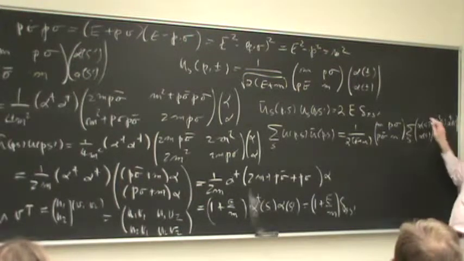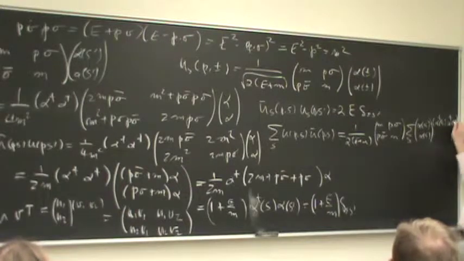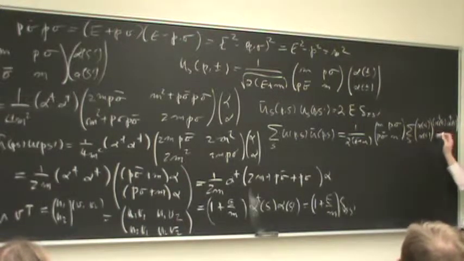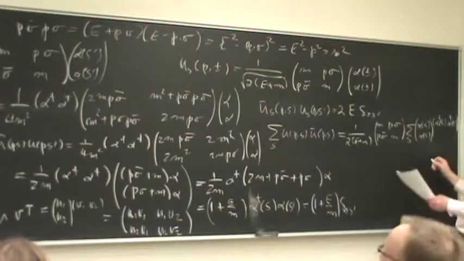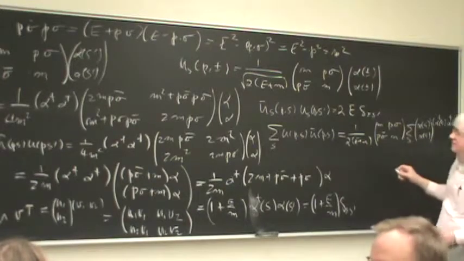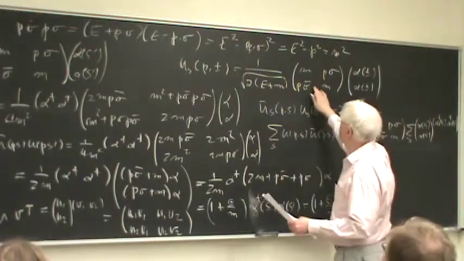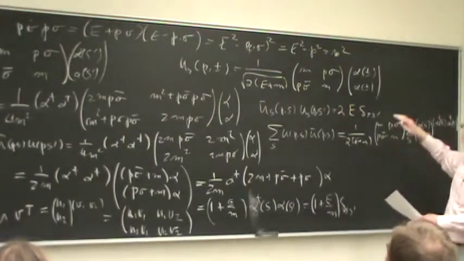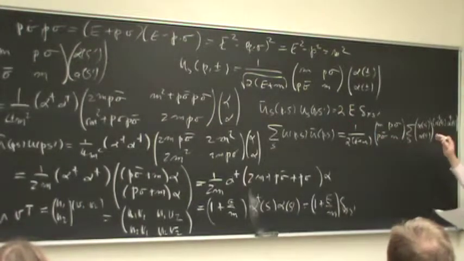That's a 2-vector. So this is really a 4-vector. But this is a very simple 4-vector because it's just 1, 0, 1, 0, 0, 1, 0, 1. And then the rest of it is the adjoint of this times a gamma 0 finally.